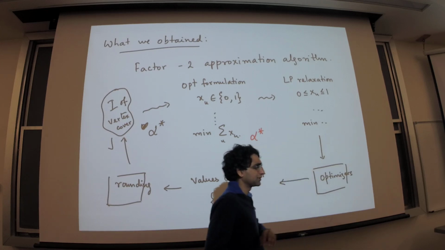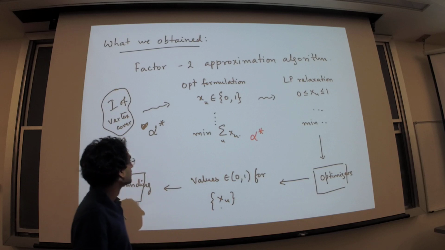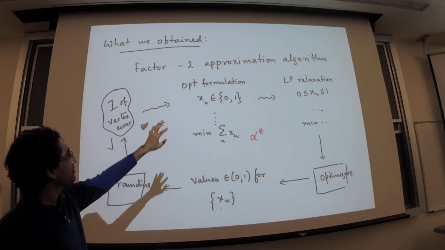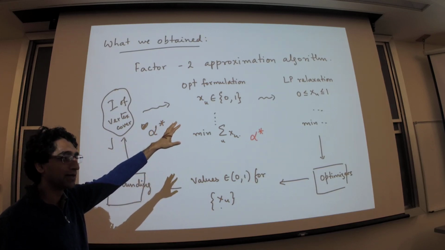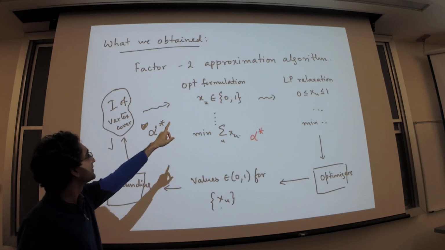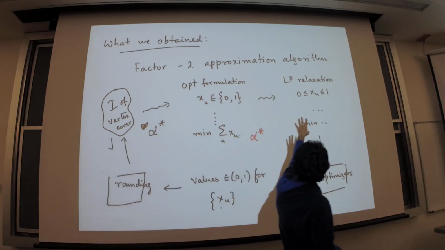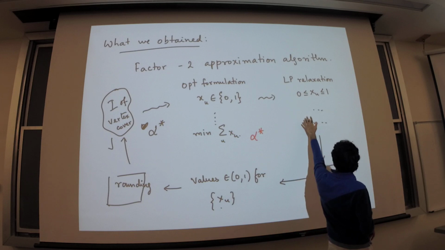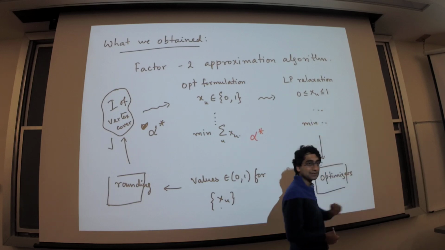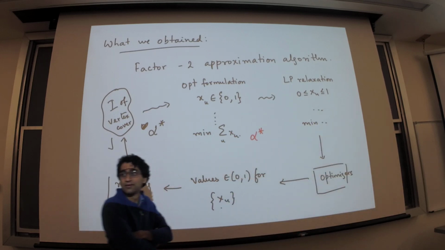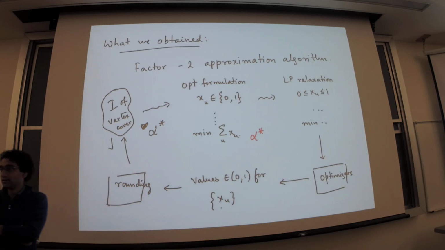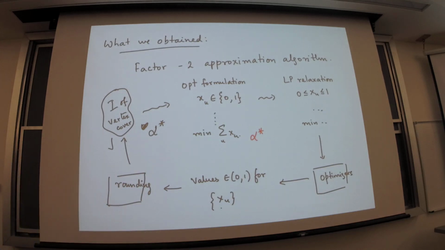So far I'm not doing anything, right? I'm not doing any rounding. So I'm asking you, what is the optimum to the LP relaxation? It is something that is at most alpha star, right?